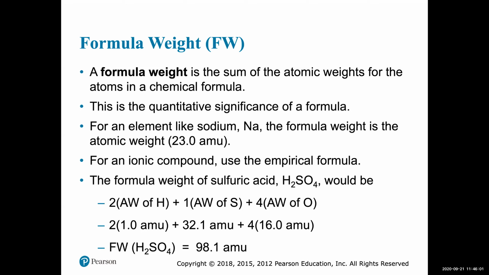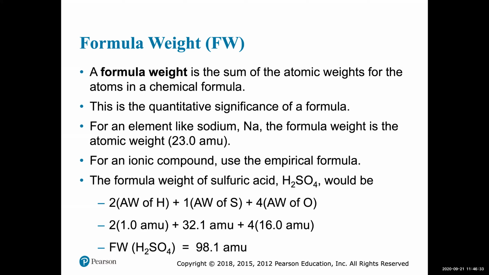For the example here, we're going to determine the formula weight or molecular weight for sulfuric acid, H2SO4. We see how many hydrogen atoms there are, and that answer is 2. Then we multiply it by the atomic weight of hydrogen. Remember, we can get atomic weights off the periodic table.